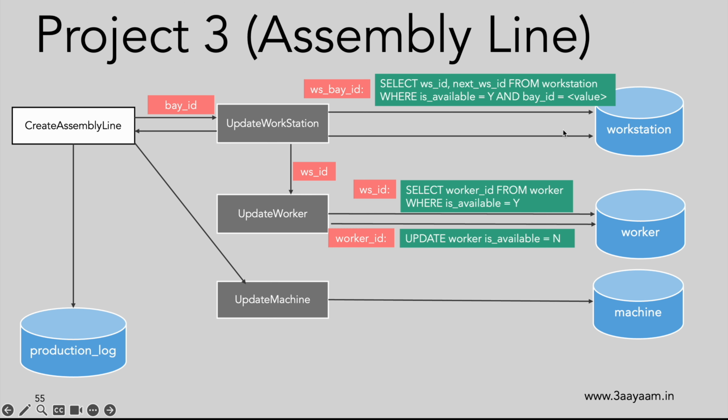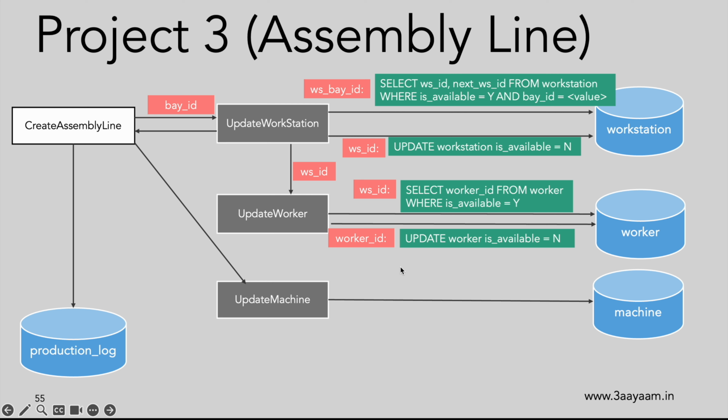Now, once we get the available worker ID, we'll have to update the worker table again to mark the worker unavailable, so that no other assembly line or no other workstation can pick this particular worker. After we get the worker, we'll use the same WS ID to update the workstation and mark it as unavailable. As you can see, the update operation would be performed only when we get a worker ID, or an available worker ID, from the worker table.